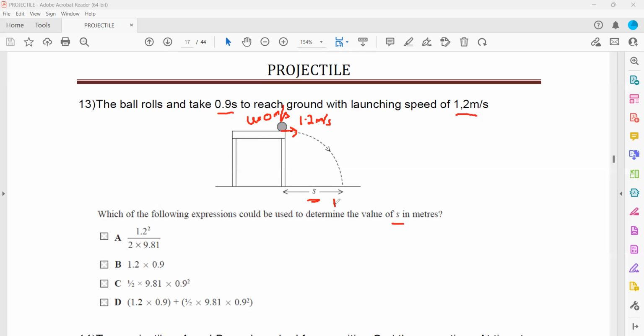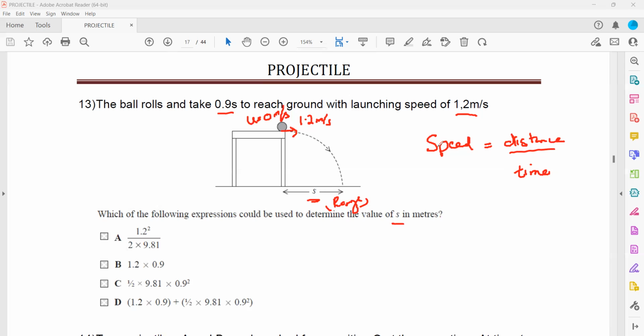S is the range. Whenever we want to find the horizontal distance, or range, we always use the horizontal component. So we have the formula speed is distance over time, and this formula is valid if an object is moving at a constant speed. If it accelerates or decelerates, then we have to use equations of motion.